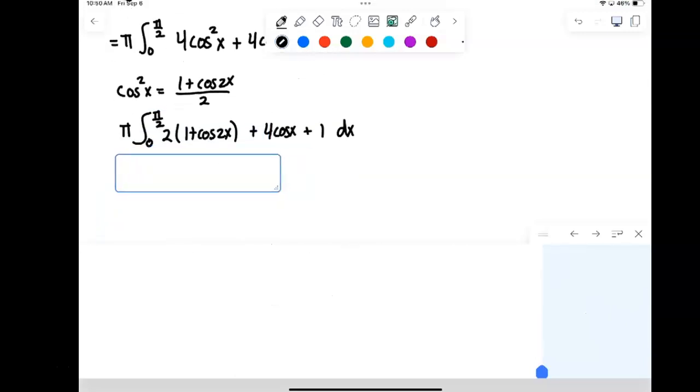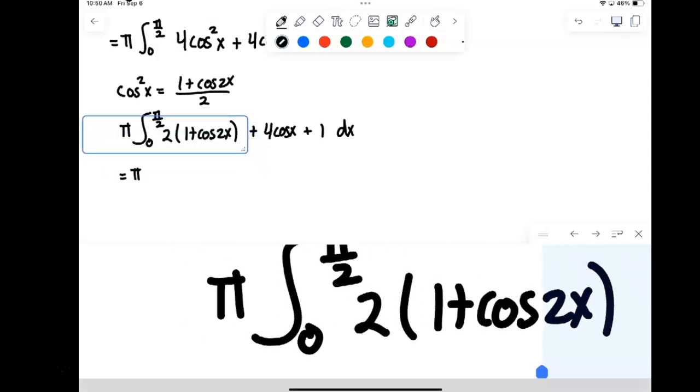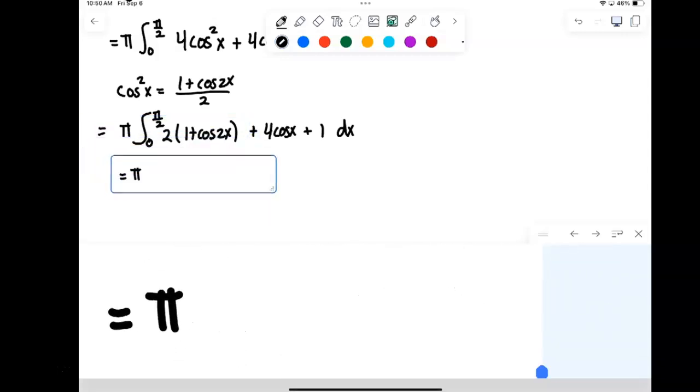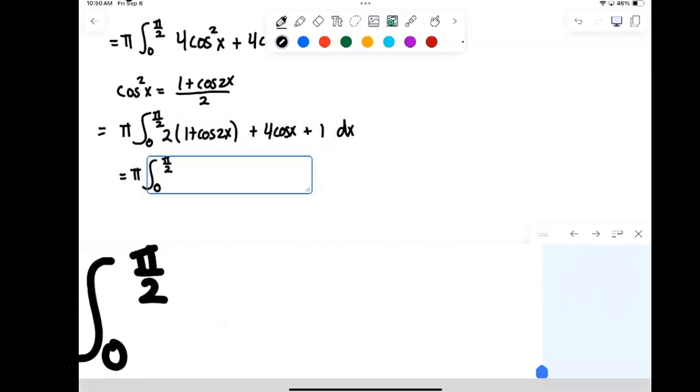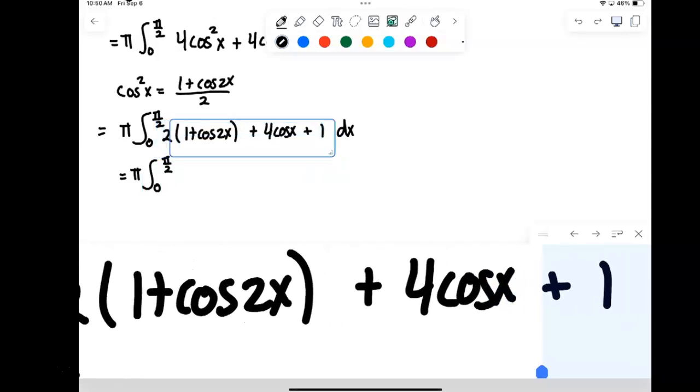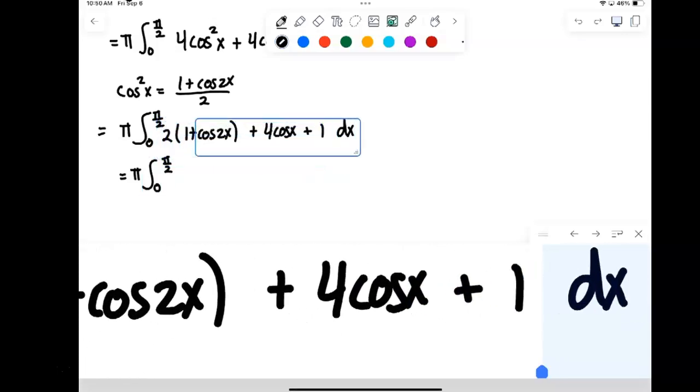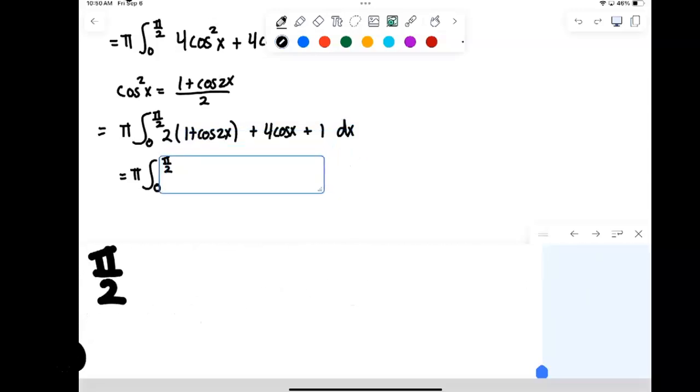So when we simplify this, I'm going to break it up into separate integrals because of my substitution needs for the cosine 2x.